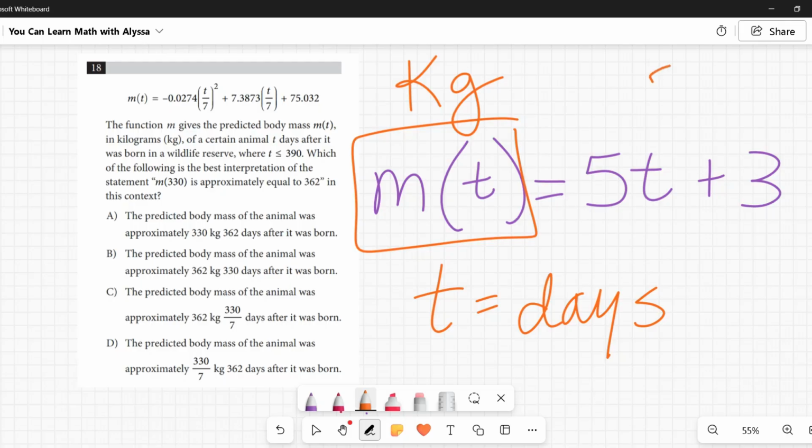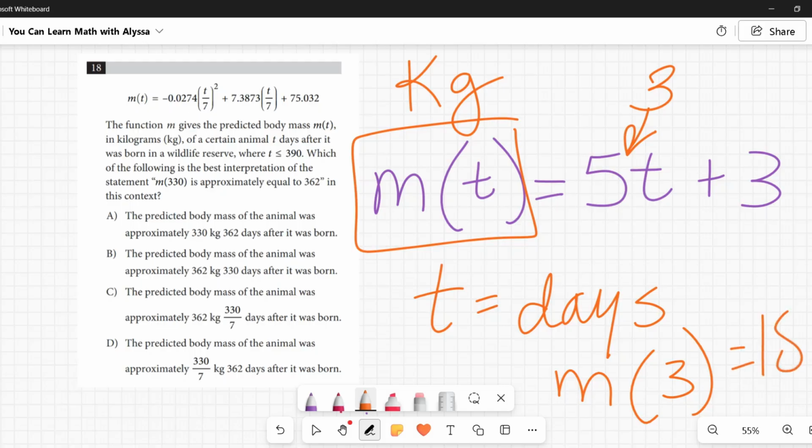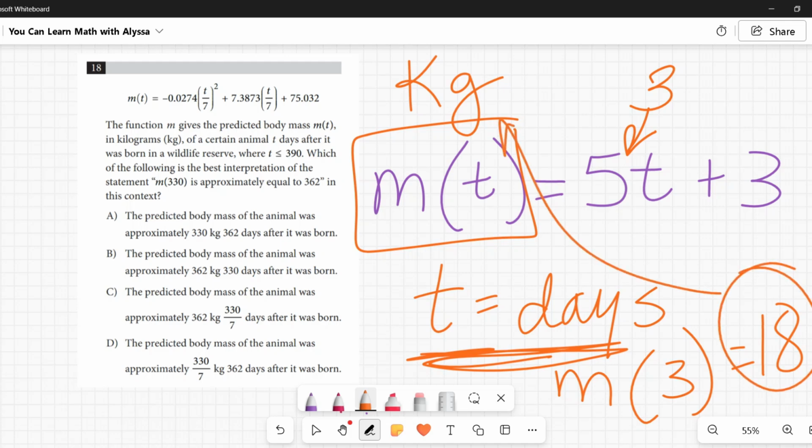So if the animal was 3 days old, it would be m of 3. You would do the math: 3 times 5 is 15, plus 3 is 18. So m of 3 is 18. That means when the animal is 3 days old, he would be 18 kilograms.